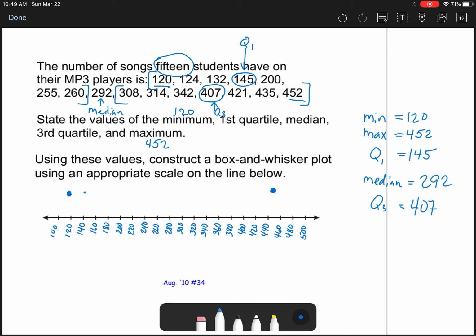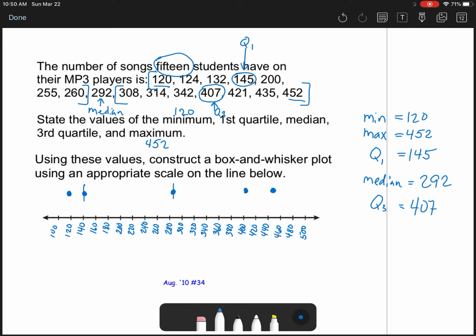Our first quartile is 145, so that's going to be close to 140. Okay, median is 292, so that's going to be almost in the middle of 280 and 300. And then our third quartile is 407, so that's going to be closer to 400 than to 420.